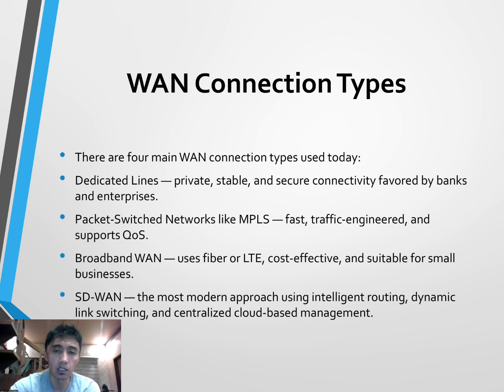MPLS is fast, traffic engineered, and supports QoS, making it ideal for voice and mission-critical data. The third one is the broadband WAN, which uses fiber or LTE, is cost effective, and is suitable for small businesses. And lastly, the SD-WAN, the most modern approach, using intelligent routing, dynamic link switching, and centralized cloud-based management.